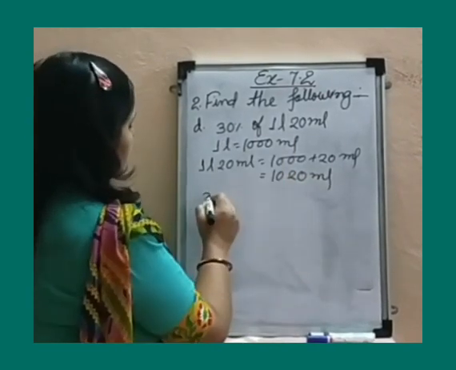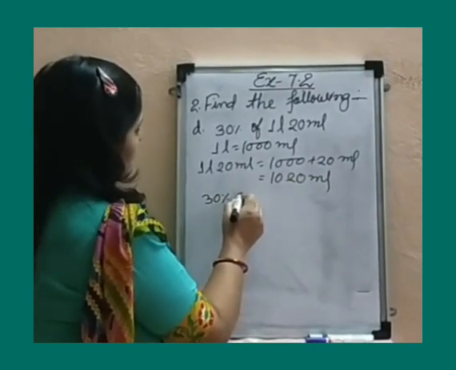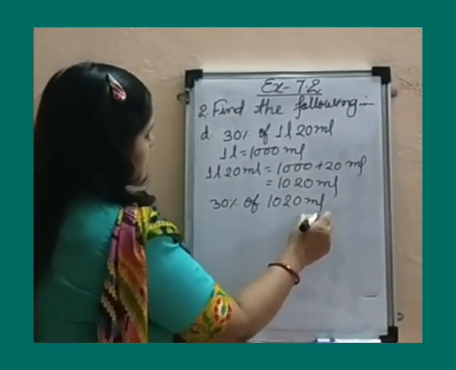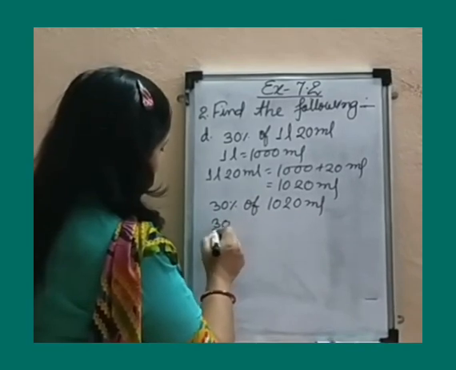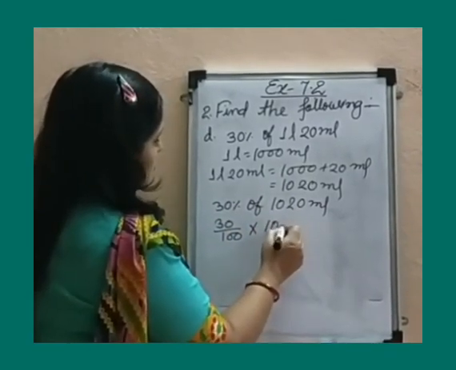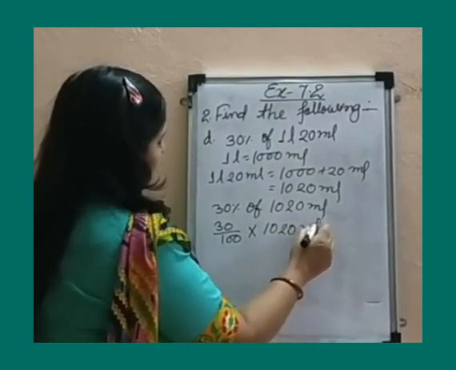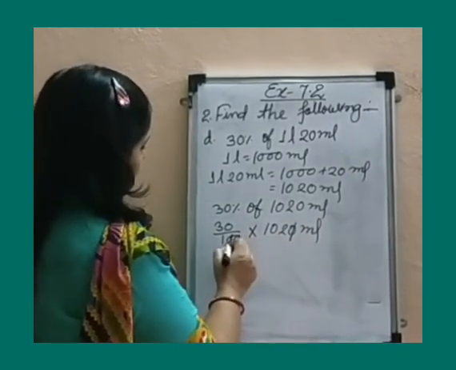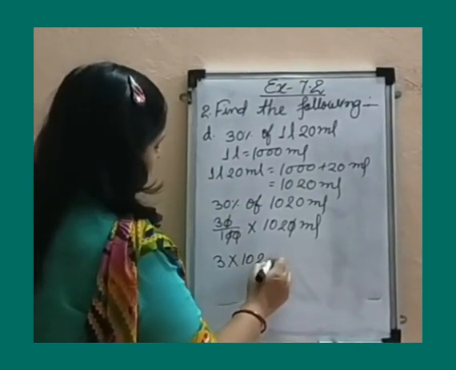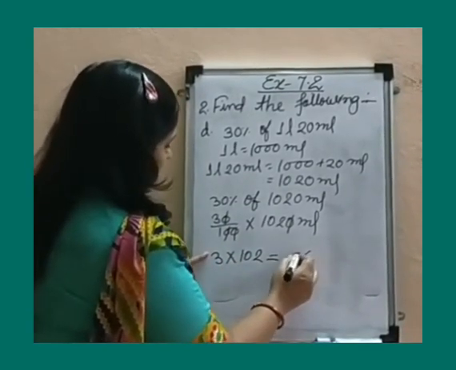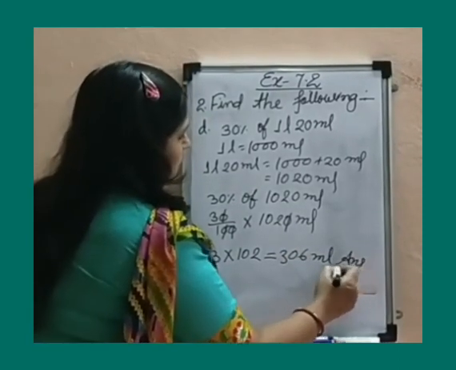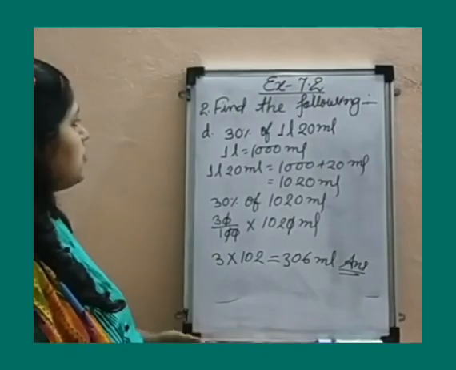Now 30% of 1020 milliliter, 30 upon 100 multiplied by 1020 milliliter. 10 by 10, we have 3 into 102, 306 ml, answer. Let's do our third question.